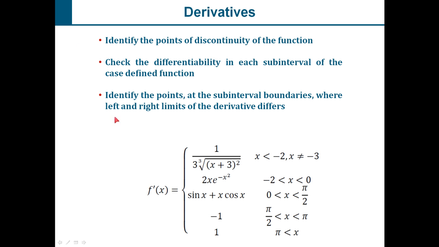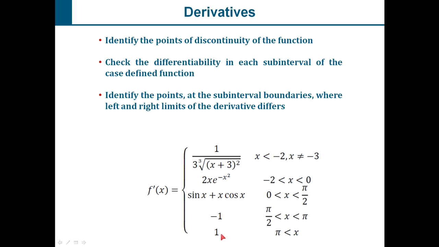Now we will identify the points at the subinterval boundaries where the left and right limits of the derivative are different. In this way, we can check the differentiability of f of x at the boundary points. You should notice that it's not necessary to study what happens at x equal to minus 2, since we have already established that the function f of x is discontinuous there, and this means that f prime of x will not be defined as a consequence.